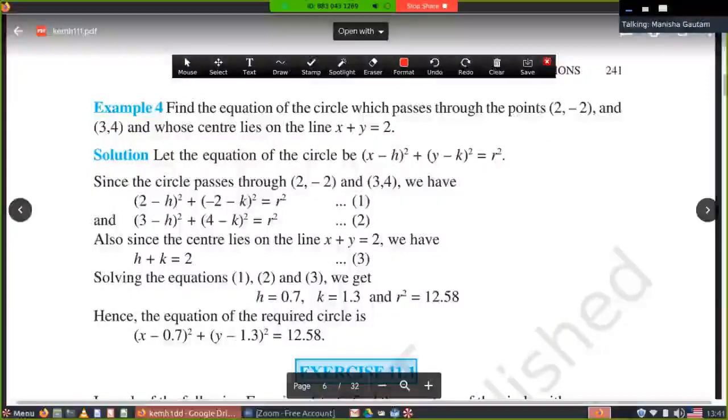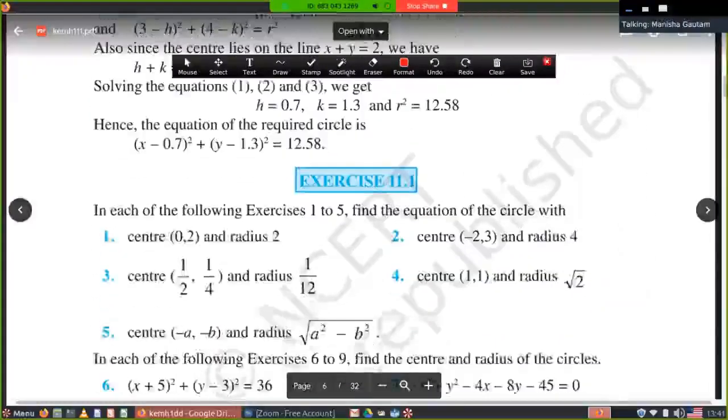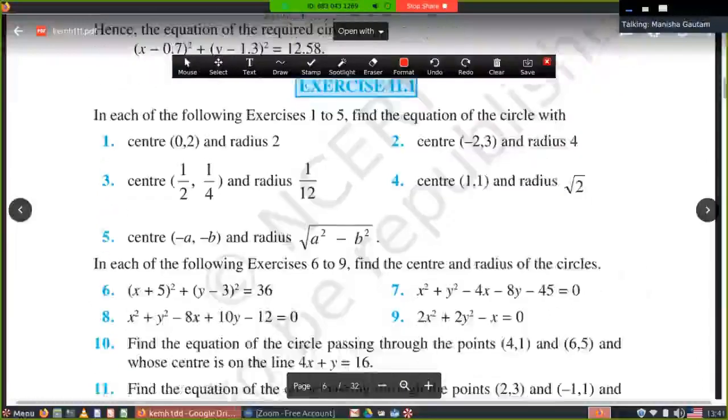Now here in the exercise, in a few questions you have to understand how to do the questions. Otherwise, all questions you can do by using the concept of the examples. In exercise question number 9, one thing I have to tell you: whenever the equation of a circle is given to you, check whether the coefficient of x square and y square is 1 or not.